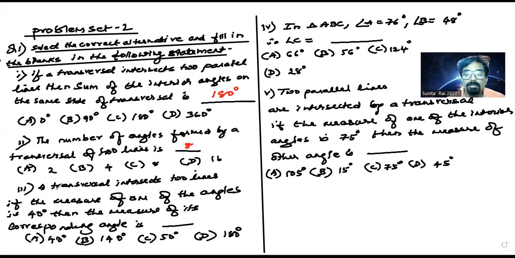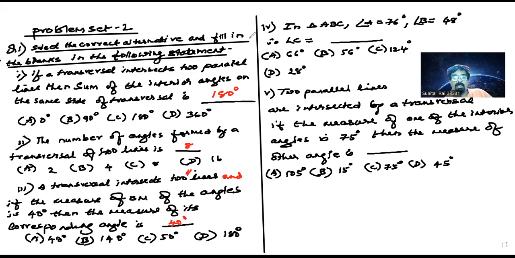Then, if a transversal intersects two parallel lines and the measure of one of the angles is 40 degrees, then the measure of its corresponding angle is also 40 degrees, because if the lines are parallel, corresponding angles are congruent.